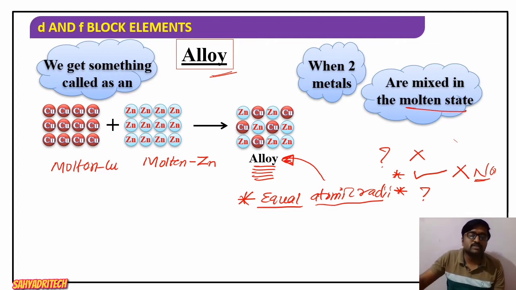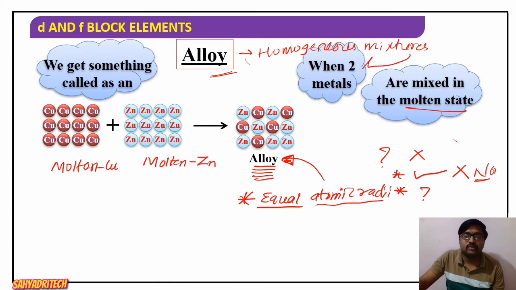So what type of mixtures are alloys? Alloys are homogeneous mixtures of two or more metals. How do we prepare alloys? When two or more metals having almost equal atomic radii are mixed in a molten state, the resultant compounds formed are called alloys.